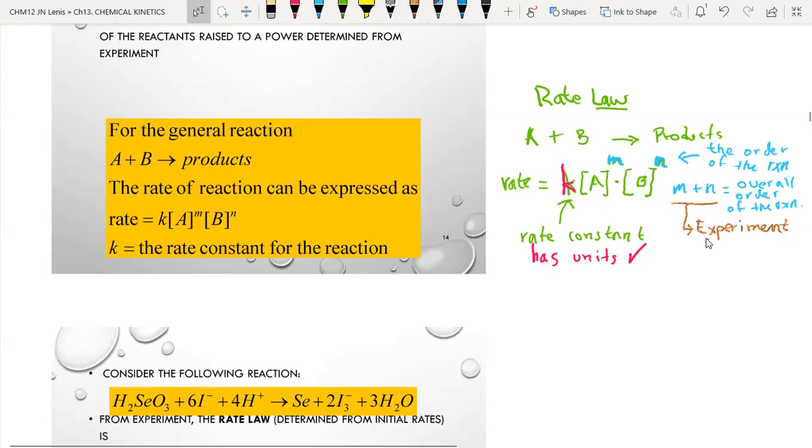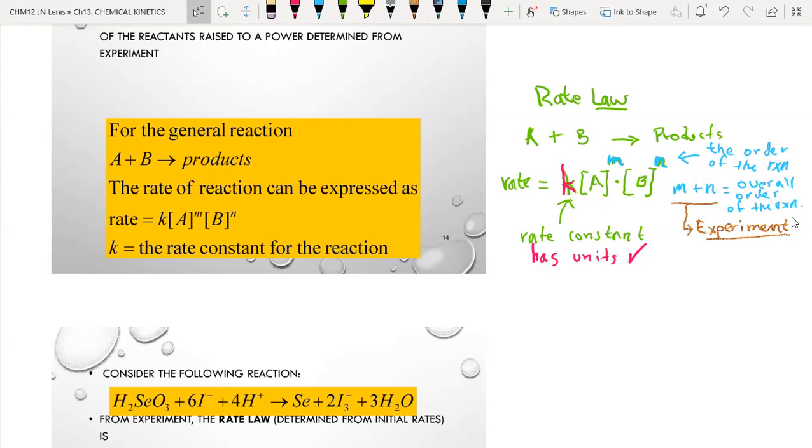So you need to actually run the experiment with the reaction, changing some variables during the process, to find experimentally the values of M and N. That is one of our next labs.